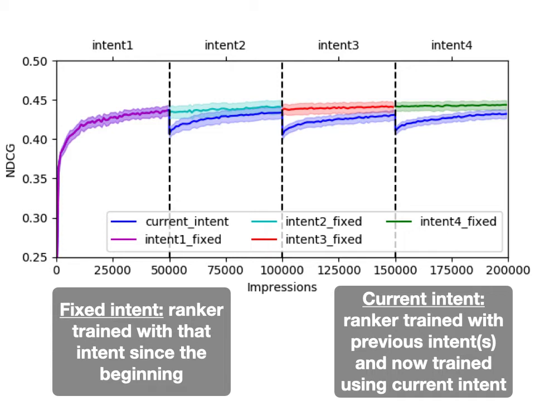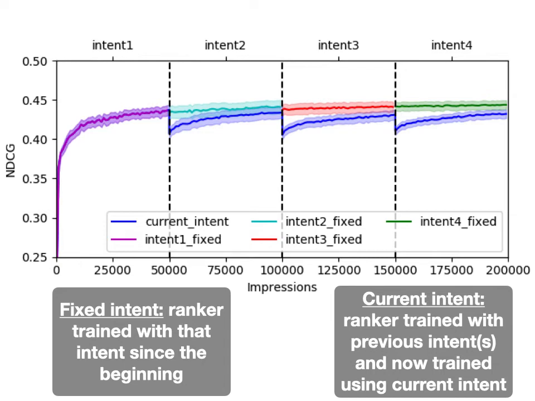And so that's the dark blue line there. And once we arrive at 100,000 interactions, the ranker that was trained with intent 1 for the first 50,000 interactions, with intent 2 for the second 50,000 interactions, is then trained with intent 3 for interactions between 100,000 and 150,000, and similarly with intent 4 from 150,000 to 200,000.